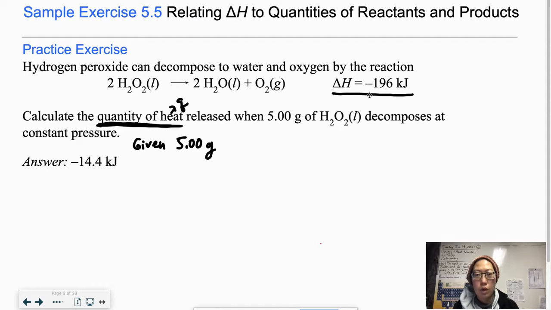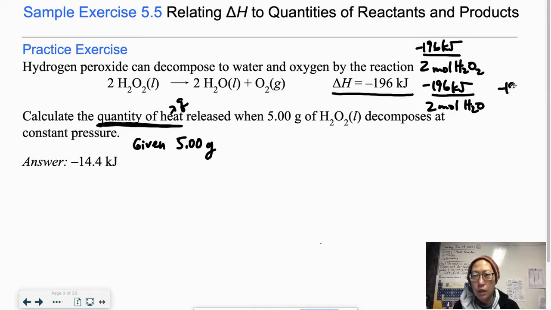So remember here, this can mean several different things. It can mean minus 196 kilojoules per 2 moles of H2O2. It could also mean minus 196 kilojoules released for 2 moles of water produced.